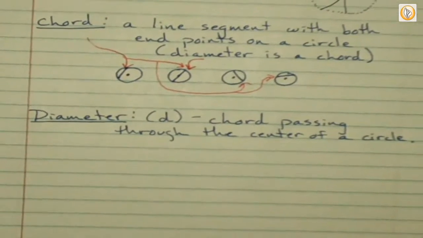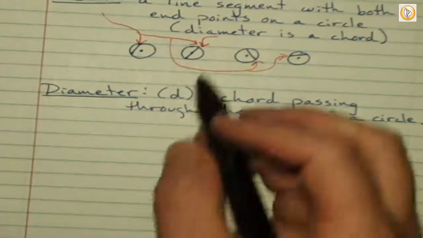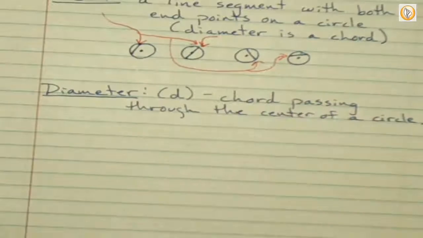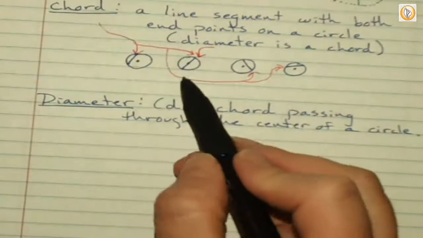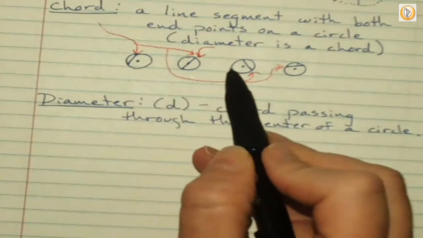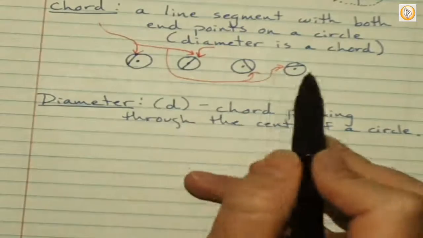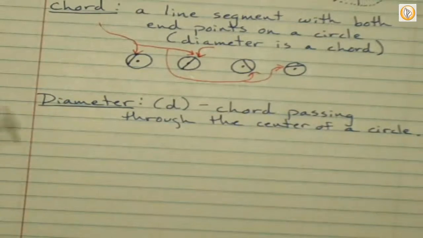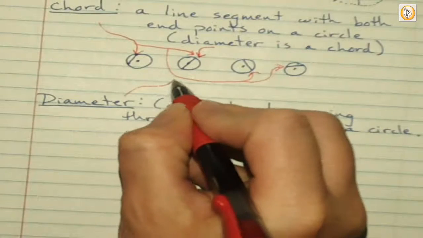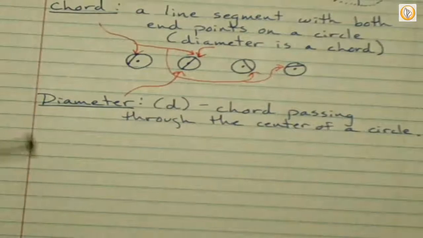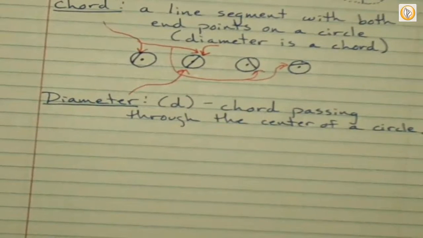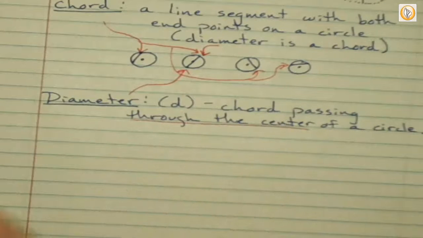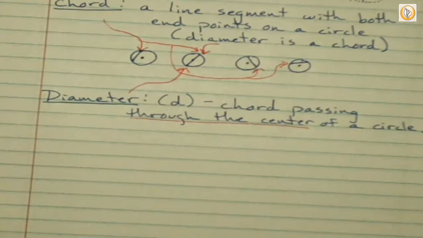A diameter is always a chord because it always goes through the center and the endpoints touch the circle. But a chord doesn't always have to be a diameter. It doesn't have to go through the center. So all these are chords, only this is a diameter. I'm going to draw another arrow. This is your diameter. Goes through the center. If it doesn't go through the center, it is not a diameter.